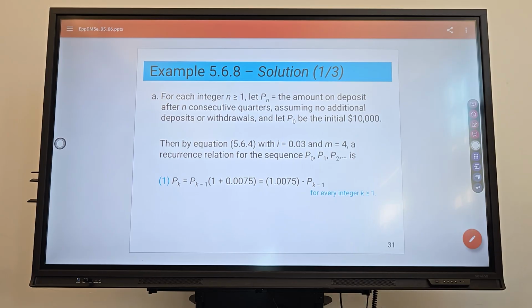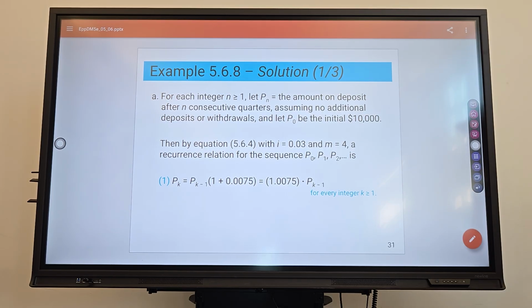For each integer n greater than or equal to 1, let P_n be the amount on deposit after n consecutive quarters, assuming no additional deposits or withdrawals, and let P_0 be the initial $10,000.